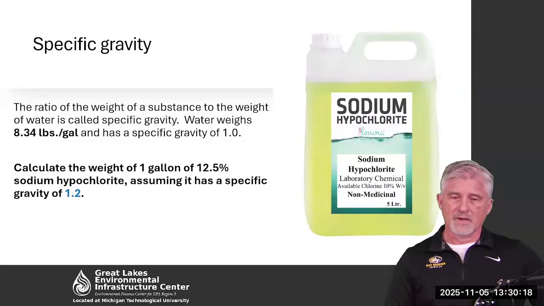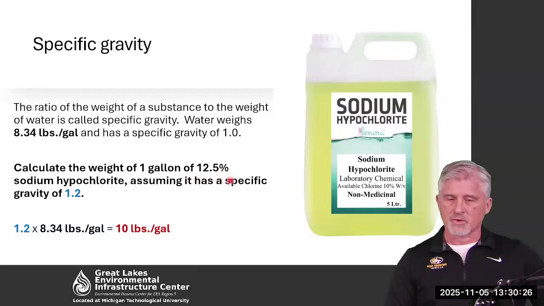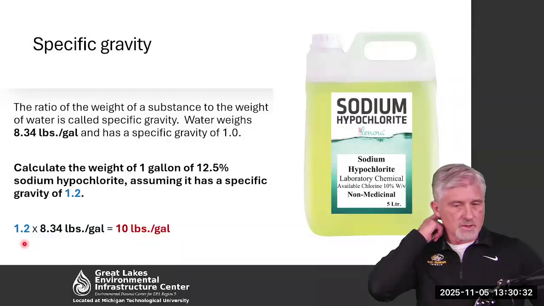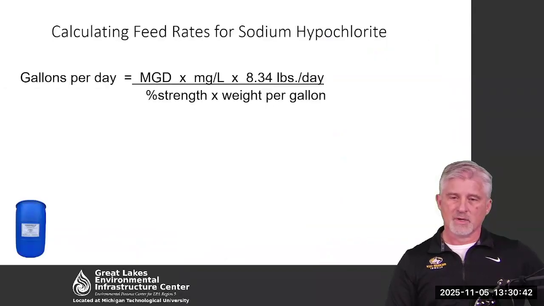So we have to take into consideration that it weighs more than water, and that liquid chlorine has a different concentration as well. We take our 1.2 specific gravity and multiply it by the weight of water per gallon, which gives us 10 pounds per gallon. So it's going to change our formula here.